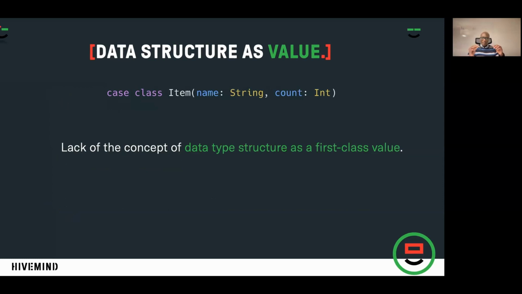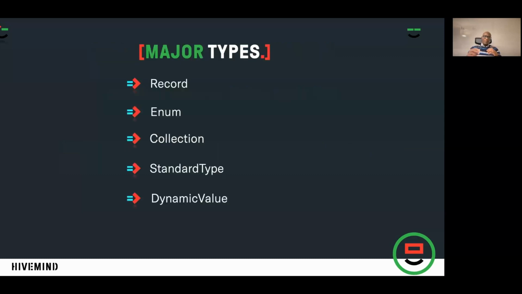Now, even though the data type exists, right, we have a case class called Item, the concept of the structure of that data type doesn't, or at least not as a value you can interact with during runtime. ZIO Schema attempts to reify that data type structure, allowing us to view that structure as a value, in fact, as a first-class value.